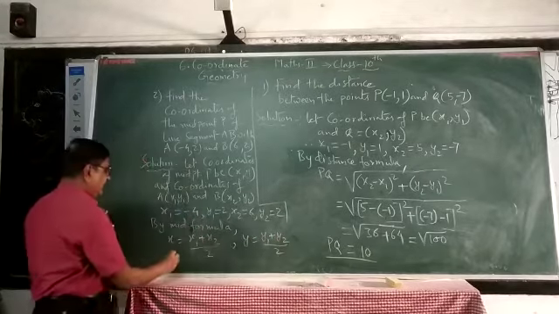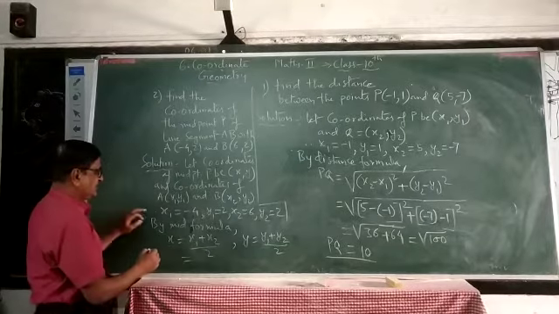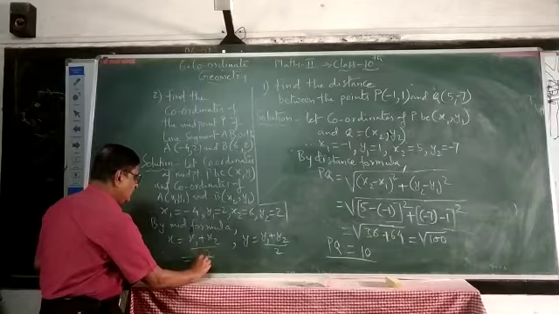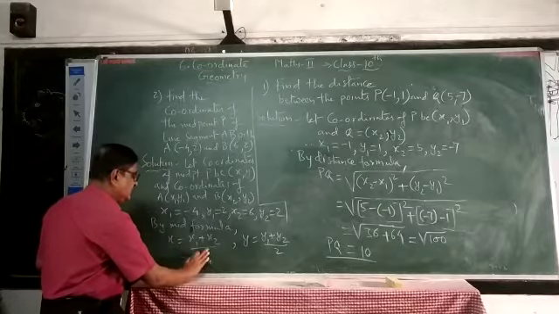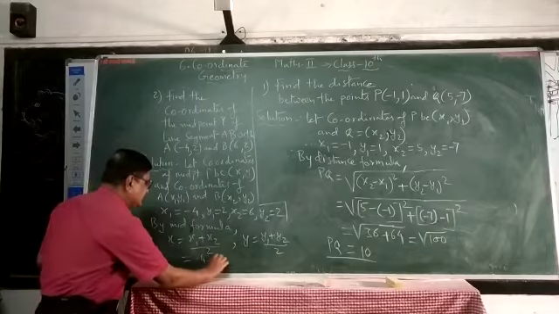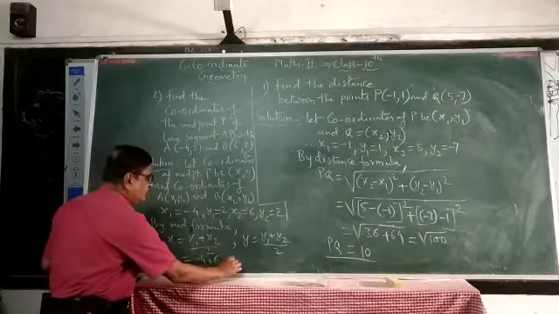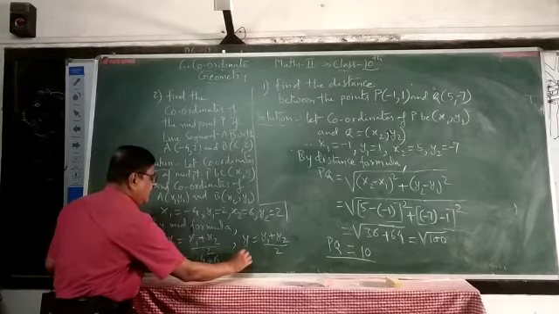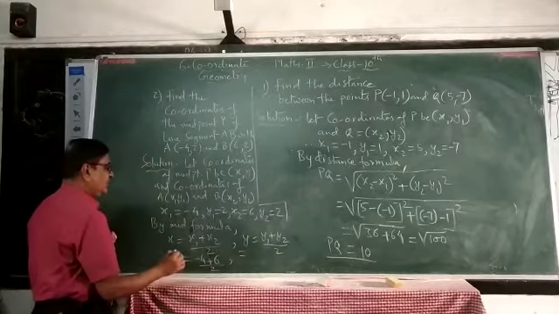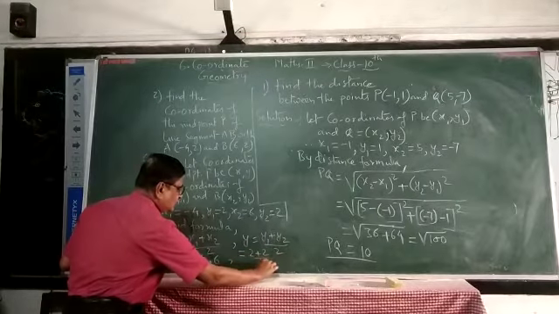Now we will put the values. Therefore x is equal to x1 is -4 plus x2 is 6 upon 2, and also we will get y1 is equal to 2 plus y2 is equal to 2 upon 2.